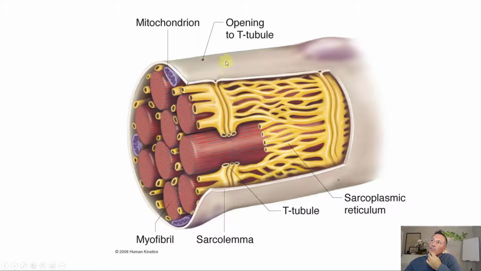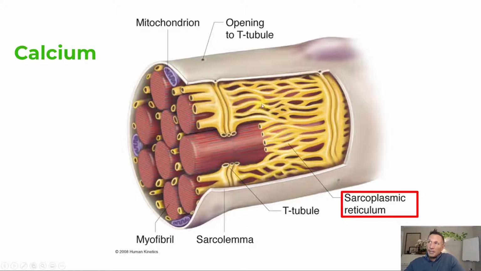So the first thing here is, here's your muscle fiber, and inside that fiber you have the myofibrils, and these are the sarcomeres you can see there, and you can see the protein filaments, the little red and white dots. But you have the sarcoplasmic reticulum here, and this is the repository of calcium. It is always sucking calcium out of this matrix, out of the cytosol.